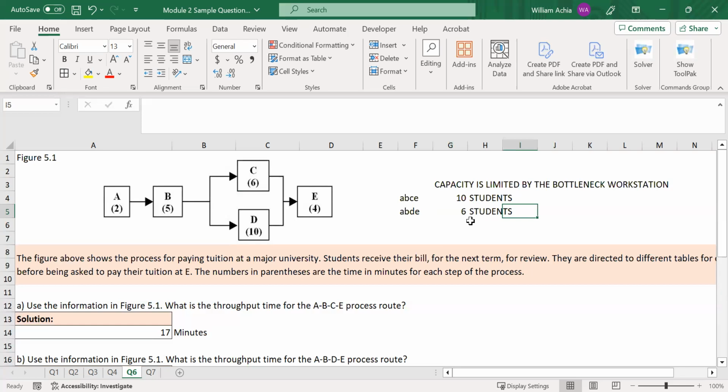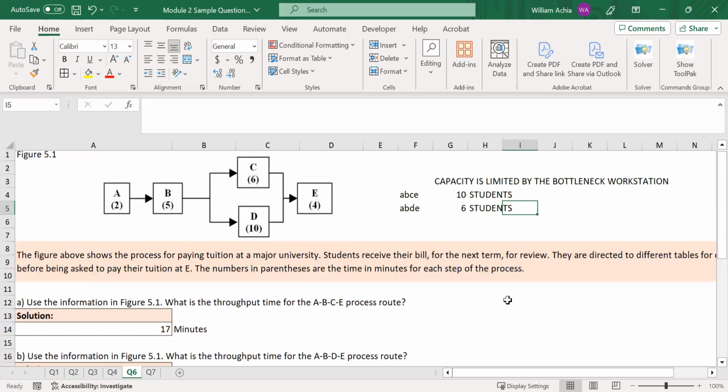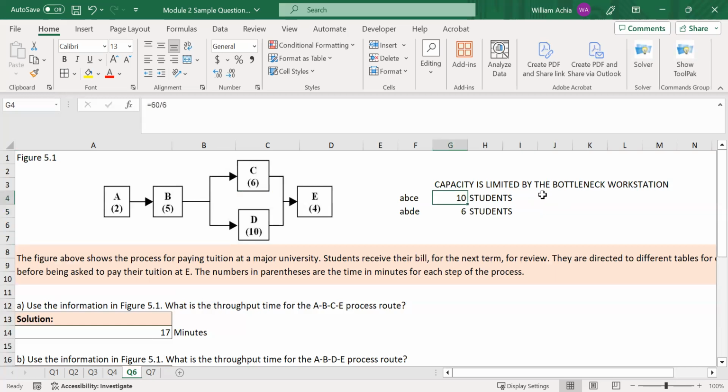Now, this question is saying if 60% of the students are routed to C and 40% are routed to D, what's the average capacity? So I'll multiply the 10 by 60%, and then add that to 6 multiplied by 40%. Multiply this value by this percentage, and then add it to 6 multiplied by 40%.